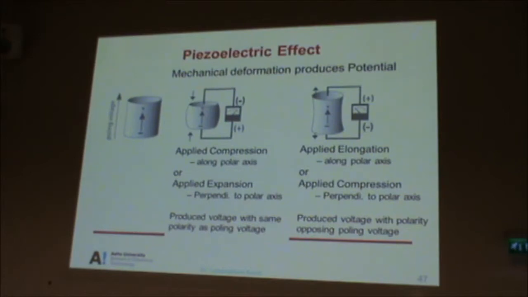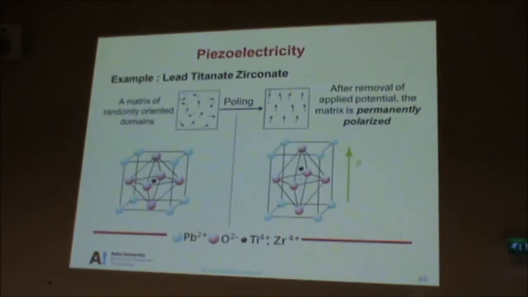Now you take a material that has undergone this poling process, and let's say this is the poling potential polarity, positive and negative. When you apply physical, mechanical stress, it undergoes this transformation, and if you invert this, the cation will go to the reverse, so the polarity will reverse.